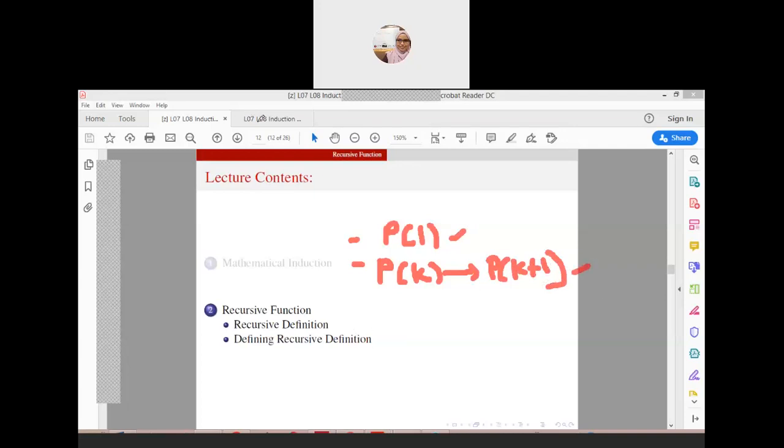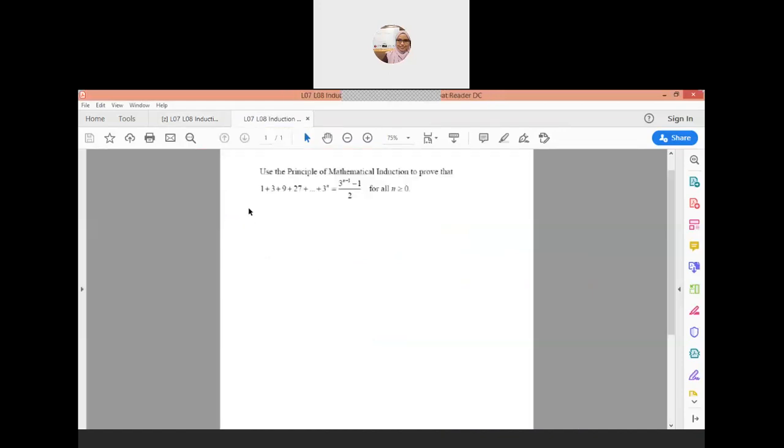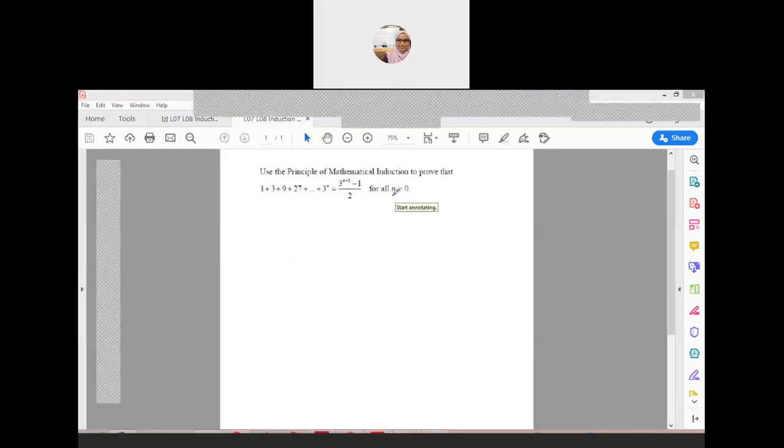Okay, for an extra example from this mathematical induction, I'll give you one example here. Please read the question, which says: use the principle of mathematical induction to prove 1 plus 3 plus 9 plus 27 plus dot dot dot plus 3 power of n is equal to 3 power of n plus 1 minus 1 divided by 2, for all n greater than or equal to 0.